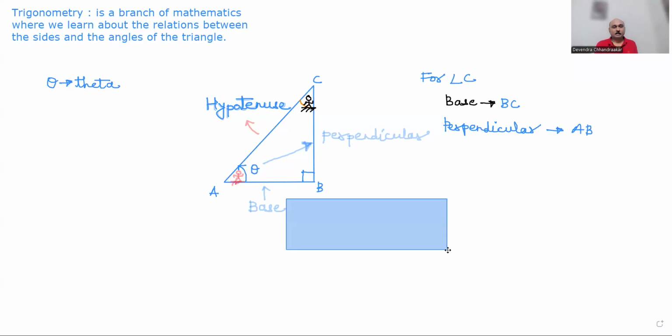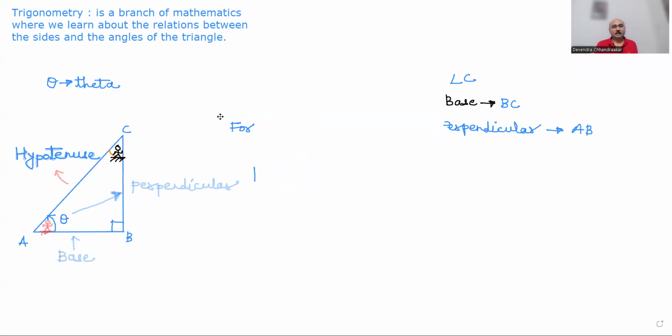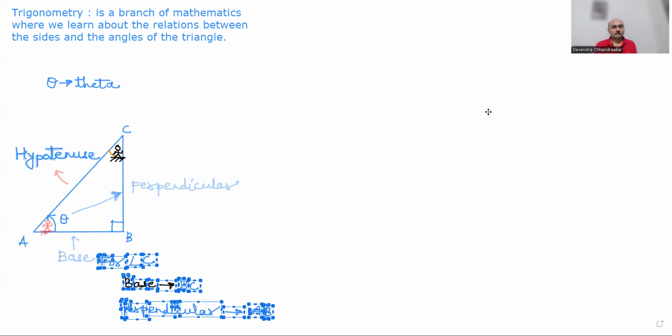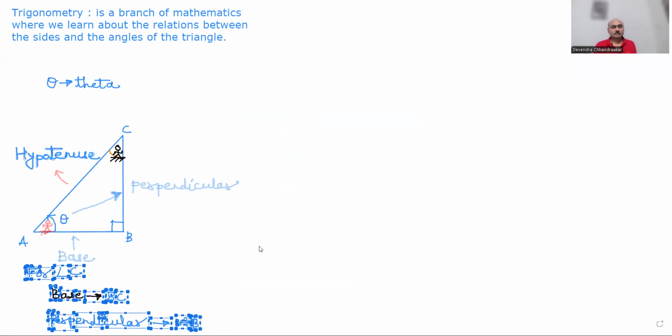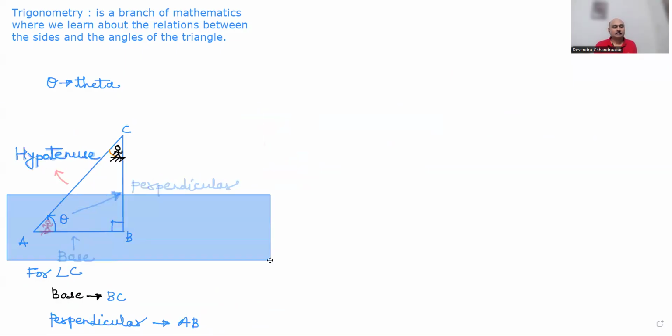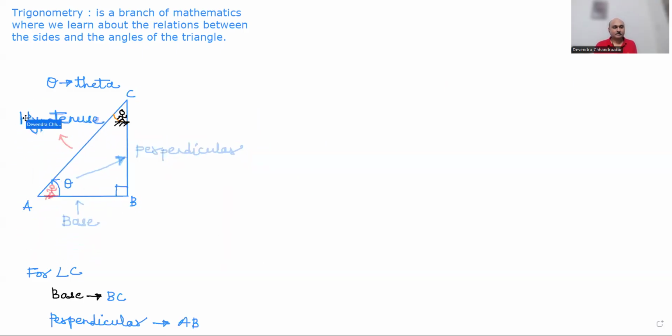So now coming back to, once we understand about this right angle triangle, it's time to learn about the functions because of which we can connect these sides and angles.